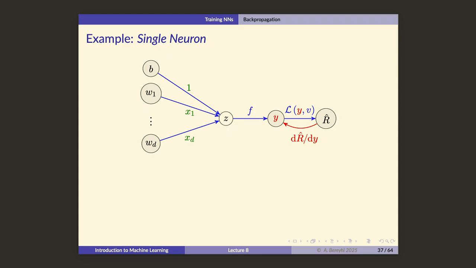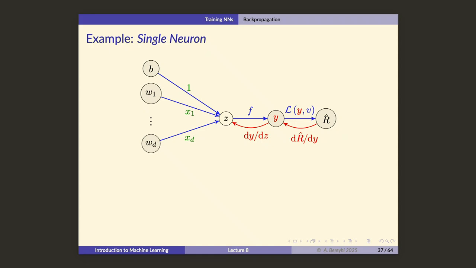So from that one, I have Y, and now I know that Y is the activated version of Z. It's again a direct function of Z, right? So I can again compute the derivative of Y with respect to Z, correct? And now if I want to get from Z back to any weight, I can simply compute the partial derivative of Z with respect to that particular weight.